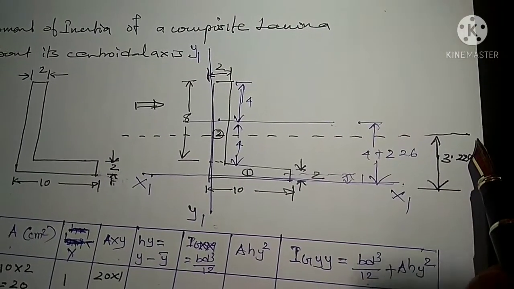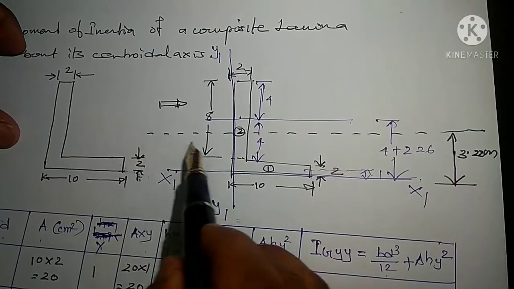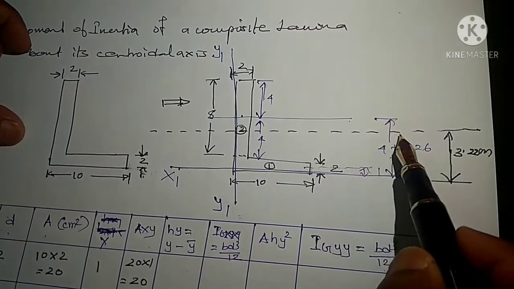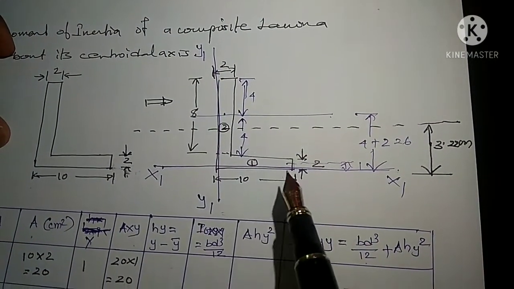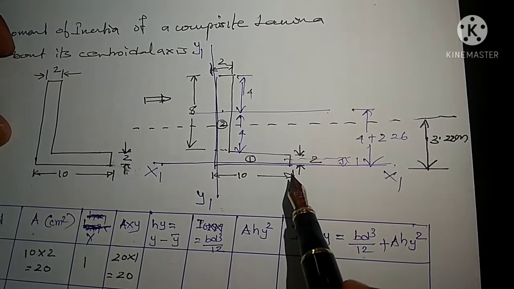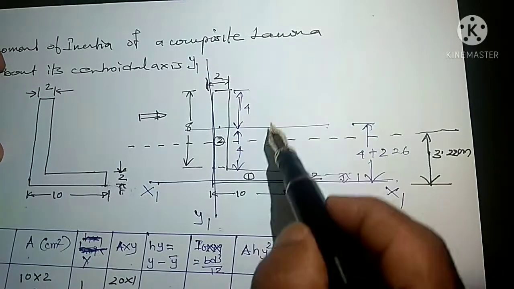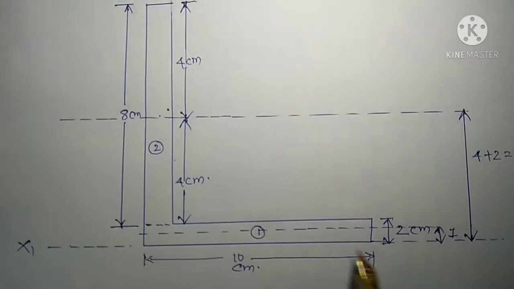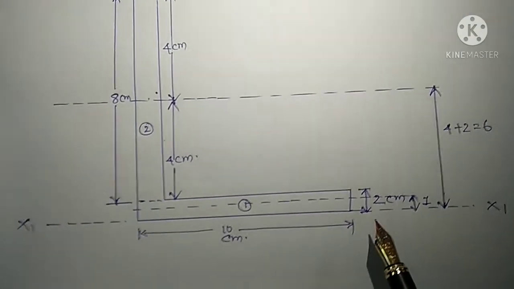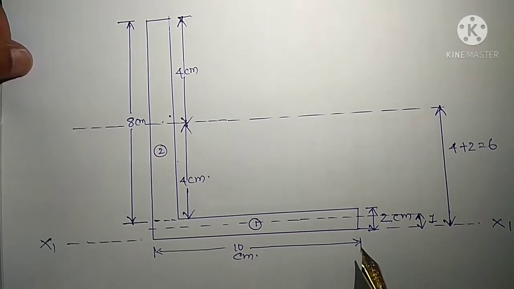This is the new horizontal centroidal axis of the whole component. Similarly, you have to find the vertical centroidal axis. I have redrawn that picture and we found that y bar is equal to 3.22.